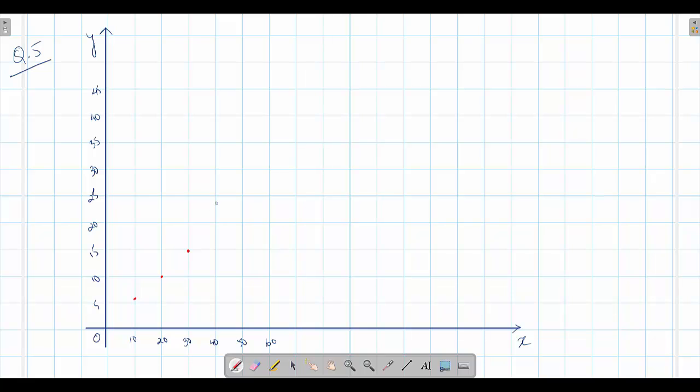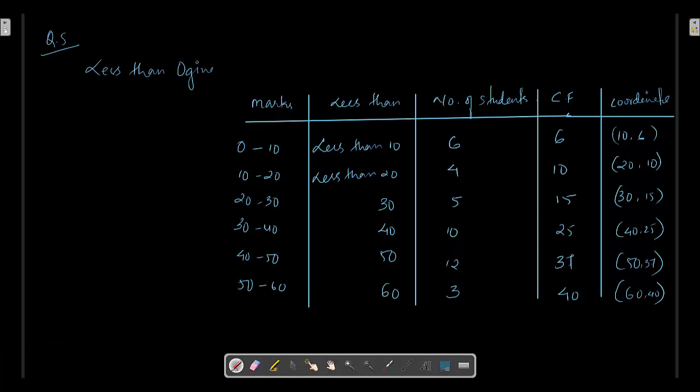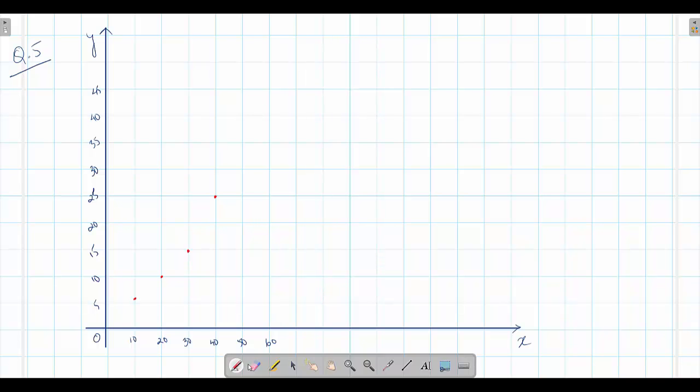So 25 is somewhere here. Now less than 50 is 37. So 30 is here, 35 is here, 37 will be somewhere here. And less than 60 is 40. It will be somewhere here.